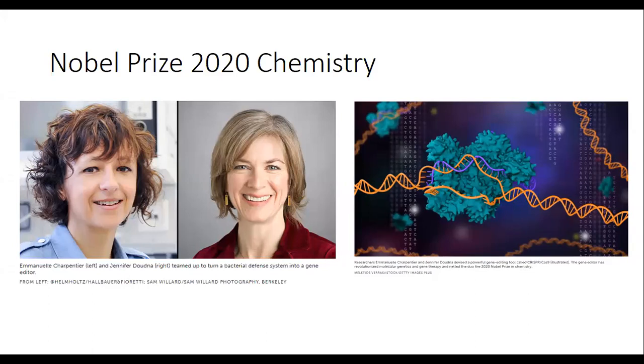There's a lot more research to do before you can do this on humans, but we use this on organisms all the time. Sorry, this is not physics, so I will not be talking about the physics Nobel Prize, but all the Nobel Prizes are very cool.